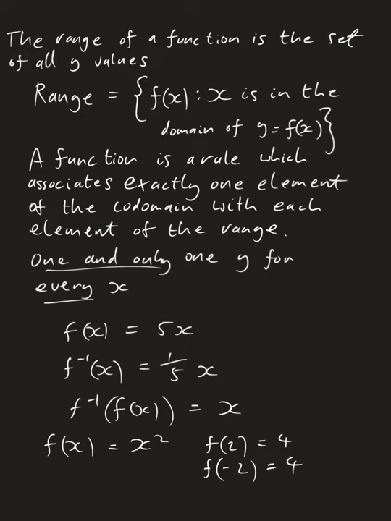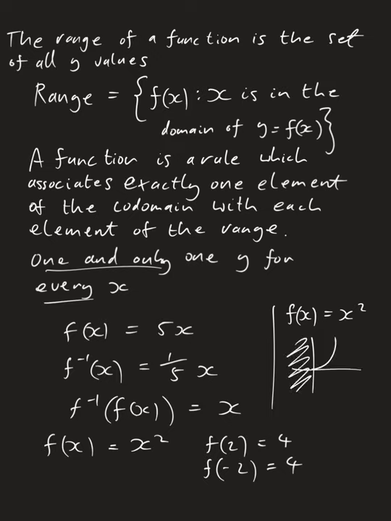If you want to go backwards from y equal to 4 and say what was the x value, you don't know what it is because it could have been 2 or minus 2. So in this case you can't write an inverse function. You could write an inverse function for a limited version of this function, where I say f of x is equal to x squared, but my domain is only the positive values, so that if I plot it, it just looks like this.